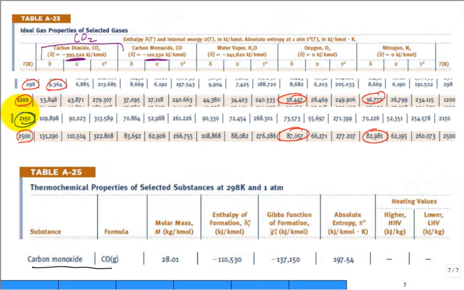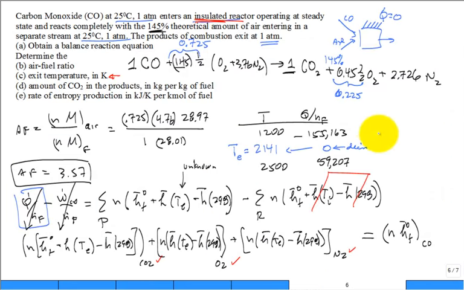If you run this again with these enthalpies for carbon dioxide, oxygen, and nitrogen, you will get very close that it'll be the adiabatic flame temperature of 2150 Kelvin. Good to 4 significant digits. If you want the 5th, well, it's not a 0. It's another number after that. But then you have to do interpolation. So, okay. That's the answer to part C.